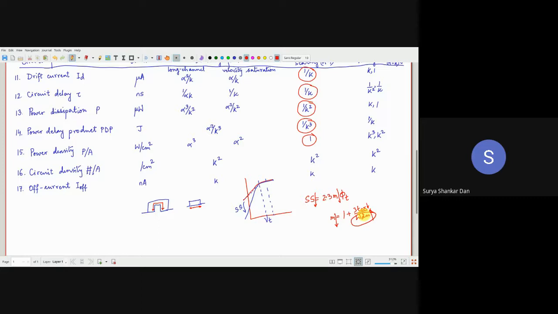We will deal with this in details later on, of course. Okay, let's stop here. I want you to think about it, discuss among your friends, and we will anyway answer this in details as the solution of the short channel effects.